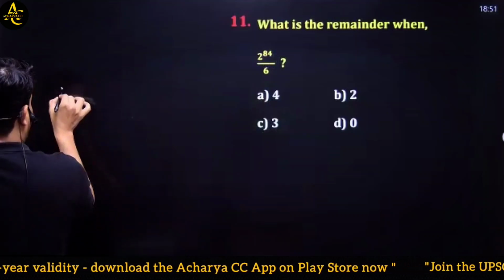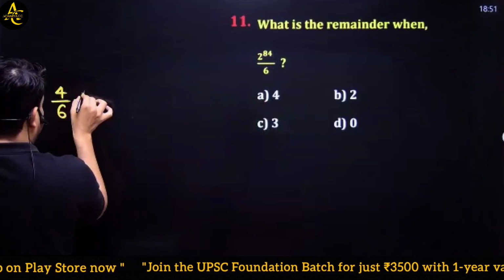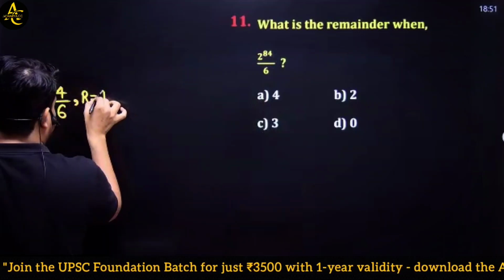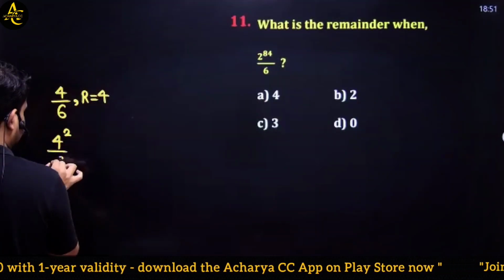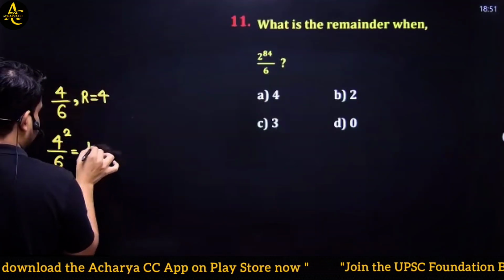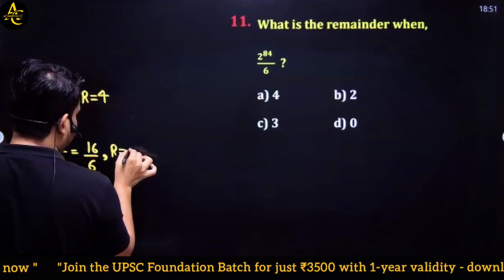See, if I divide 4 by 6, the remainder is 4. If I divide 4 square, 16, by 6, the remainder is 4.